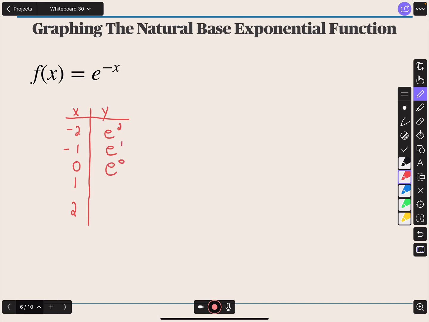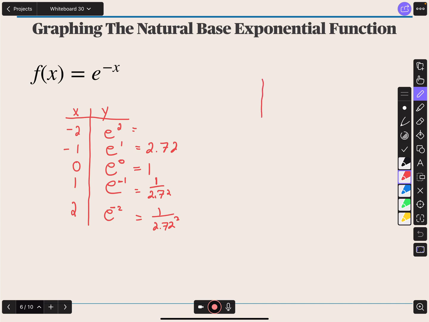This will be e to the 0, e to the first, and e to the second. So we know this is 1, this is e, approximately 2.72. We'd have to get a calculator out. Should be e to the negative 1 right here. Should be e to the negative 2. 1 over 2.72 and 1 over 2.72 squared.